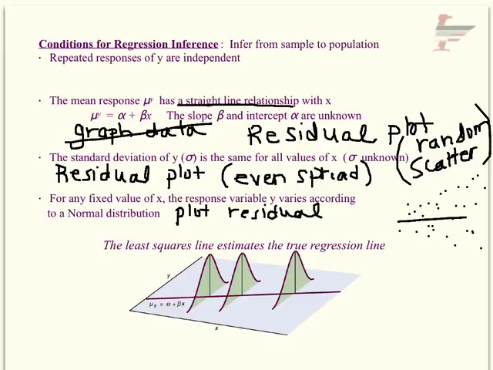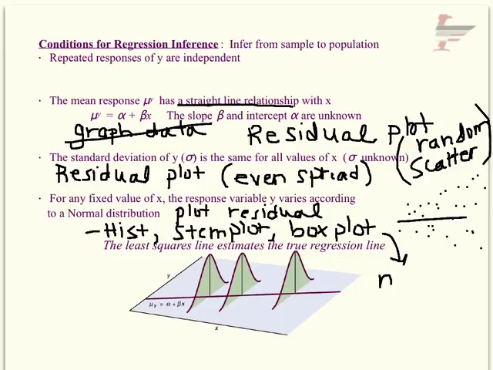You want to plot your residuals with a histogram, a stem plot, a box plot, or a normal probability plot, but basically you don't want outliers, and very little skew, if any. That kind of relationship is what you're looking for.